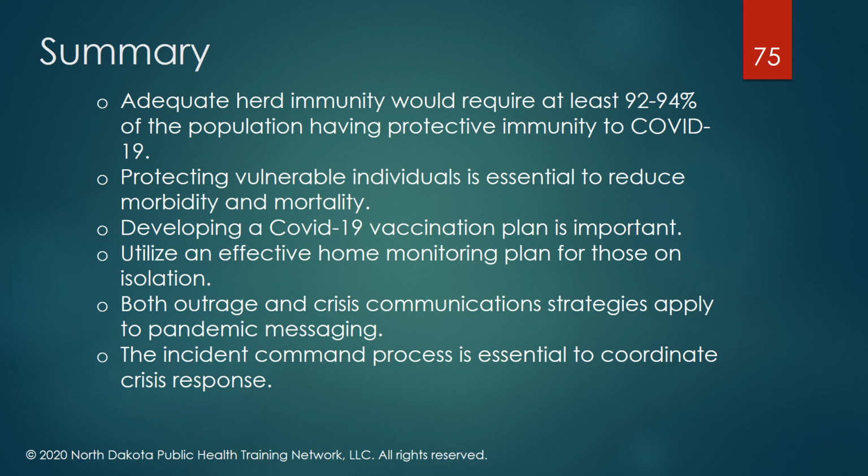Utilize an effective home monitoring plan for those on isolation. Both outrage and crisis communication strategies apply to pandemic messaging. The incident command process is essential to coordinate crisis response.